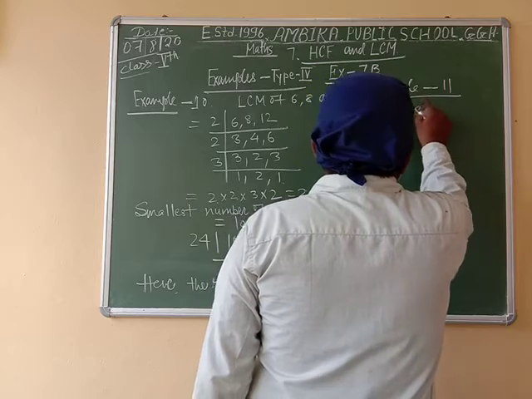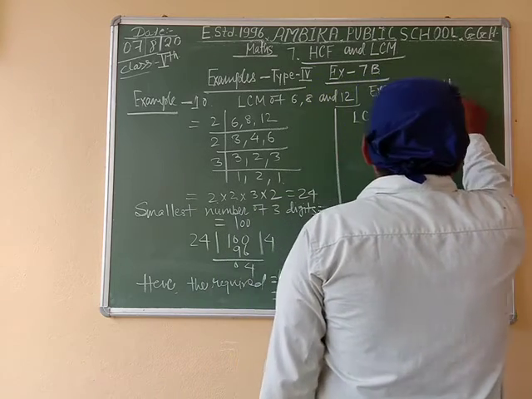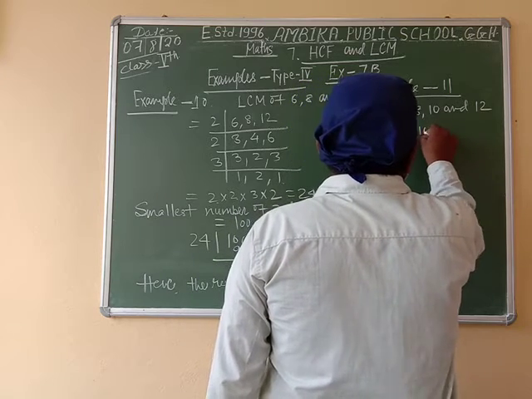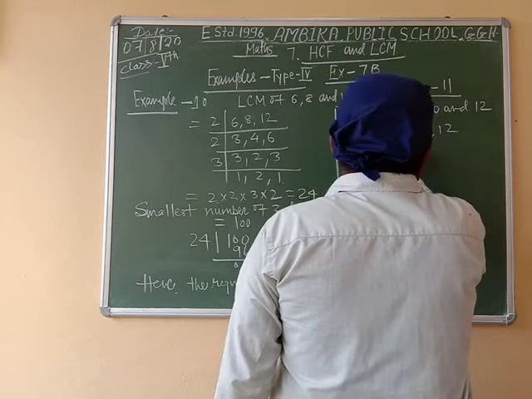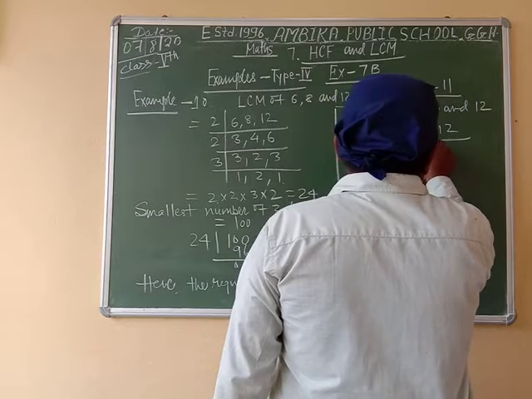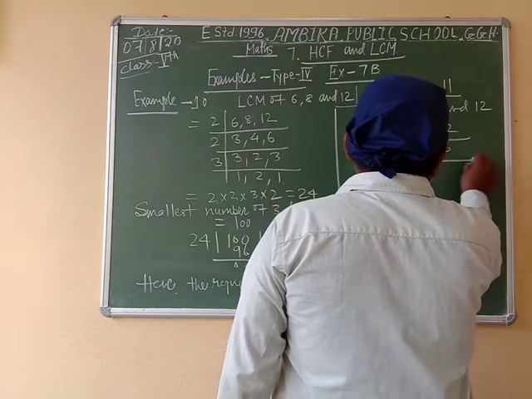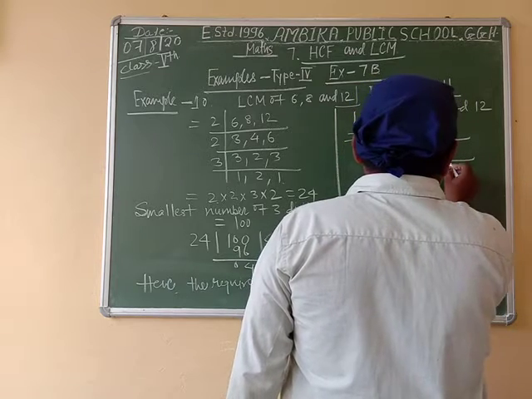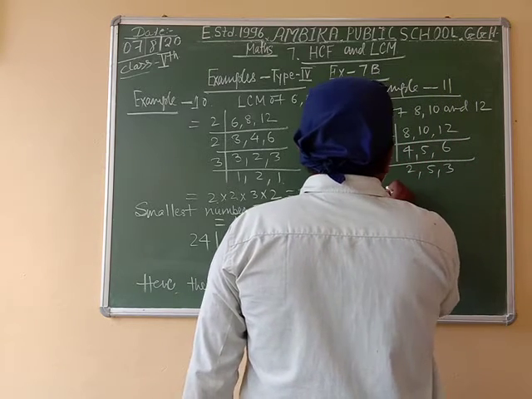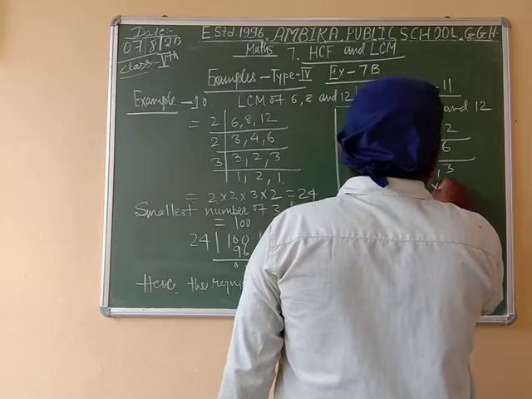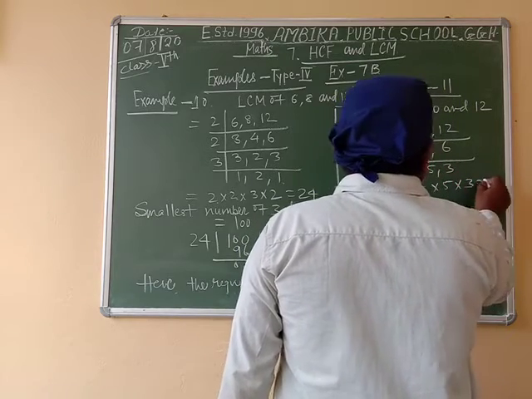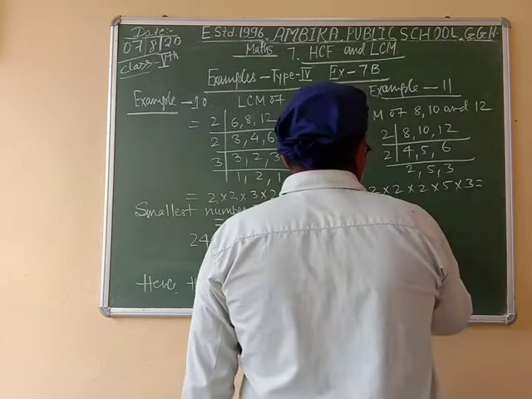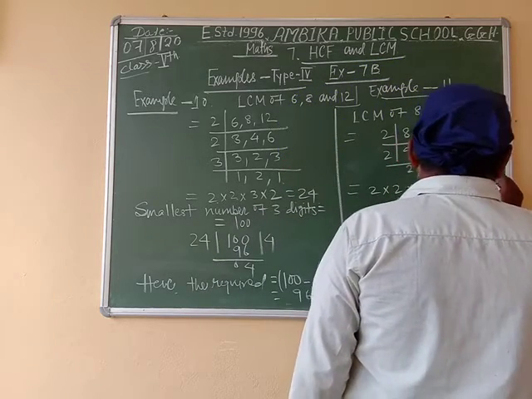The LCM of 8, 10 and 12 is equal to 2 into 2 into 2 into 3 into 5, which is 120.